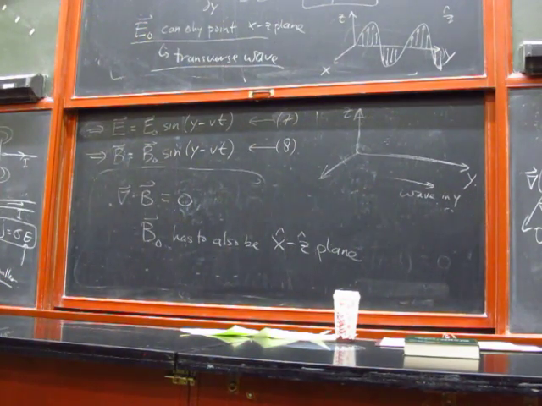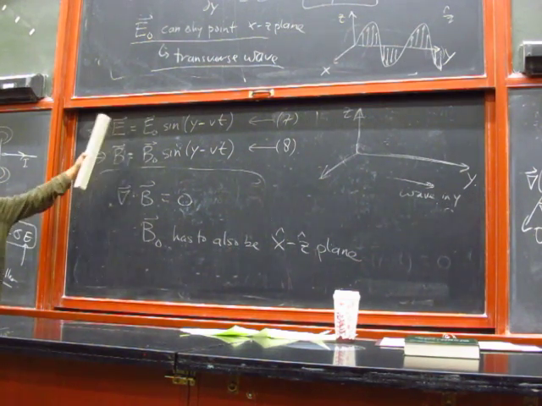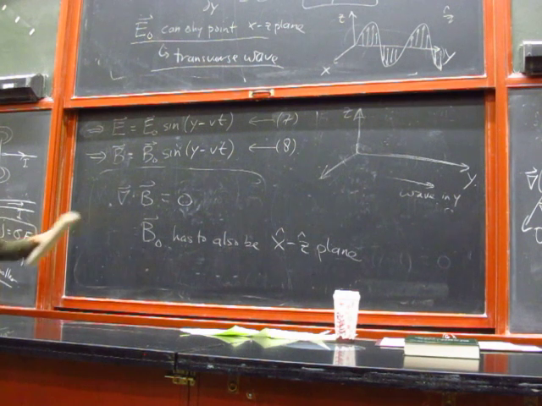At this point E and B are decoupled. There is no coupling between E and B so far. So where does the coupling come from? The coupling comes from equations 3 and 4 of the Maxwell equations, the induction part. This is where E couples to B, and B couples to E.